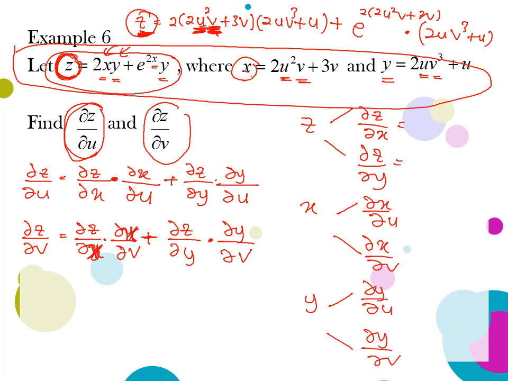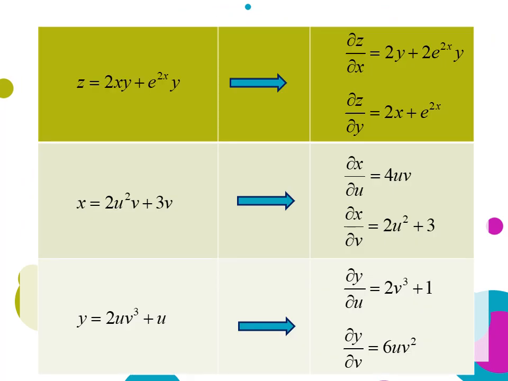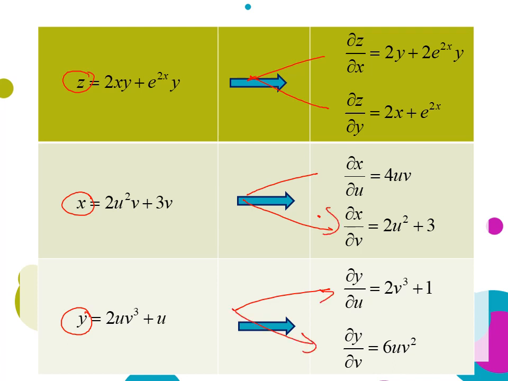Once you get their partial derivatives, then just substitute in. Okay, right, so for each function that we have, z, x and y here, I found their del z del x, del z del y, del x del u, del x del v, del y del u, del y del v. Okay, this will be substituted into the formula.